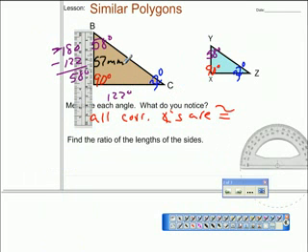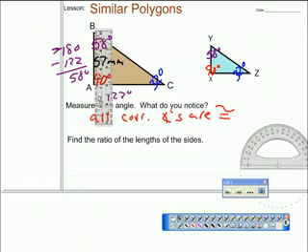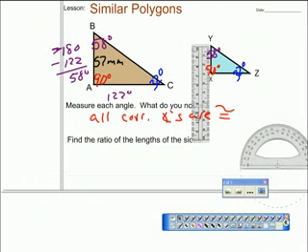And whenever I go to measure these corresponding sides, I have to make sure I have the sides that are in the same place relative to each other in the triangles. Well, in this one, AB connects to this right angle and goes vertically, and that's the same as YX on this one. And when I measure YX, I get about 31 millimeters.